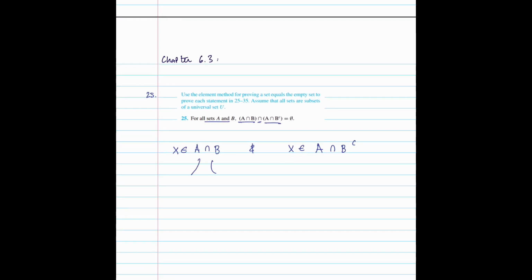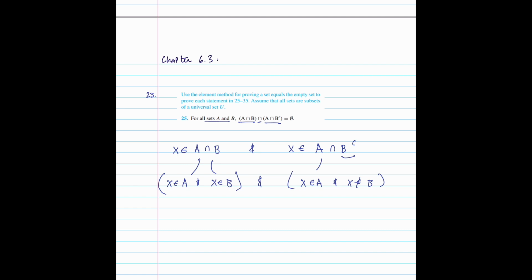We could break this down even further and say x is an element of A and x is an element of B, and also x is an element of A and x is not an element of B. So when it says B complement, that means everything not in B, right?